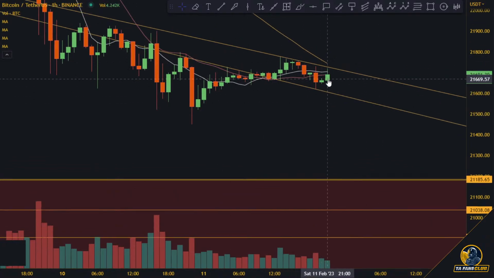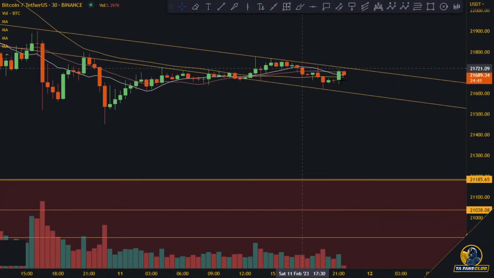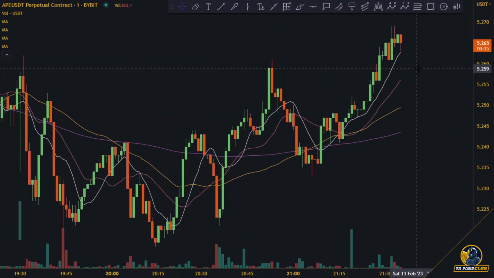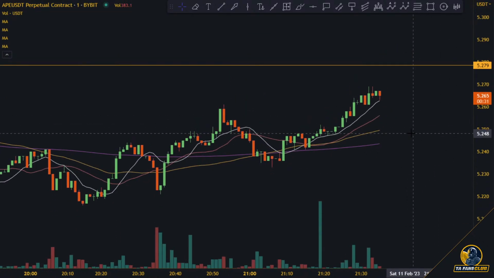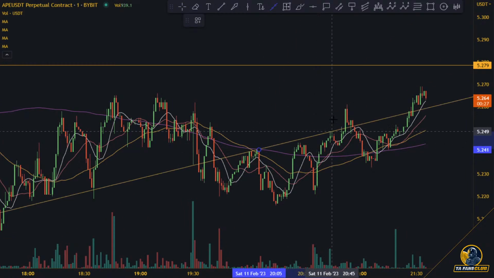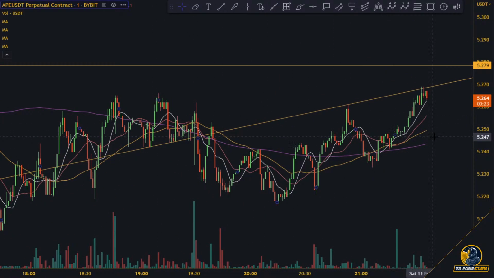1 hour is still getting into these resistance levels. Pulling back. Ape pulled back already. How can you pull back already? Like there's been no candles up here.